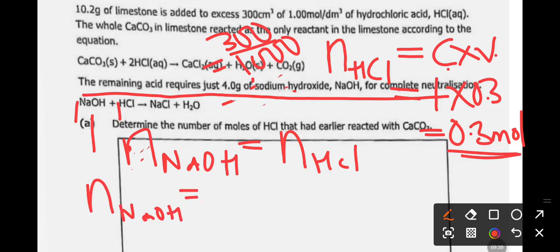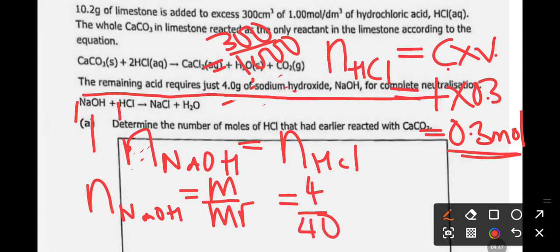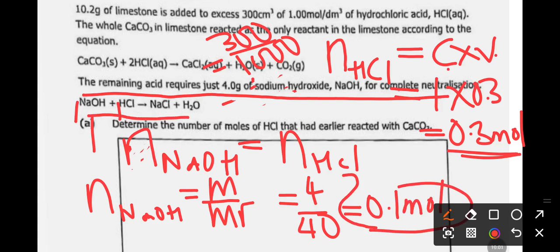So here I just use the formula that says number of moles is equal to mass over molar mass. The mass of sodium hydroxide is 4 grams. The molar mass of sodium hydroxide is 40. Doing so gave me a value of 0.1 mole. This means that the number of moles of hydrochloric acid that were left over in this reaction is 0.1.